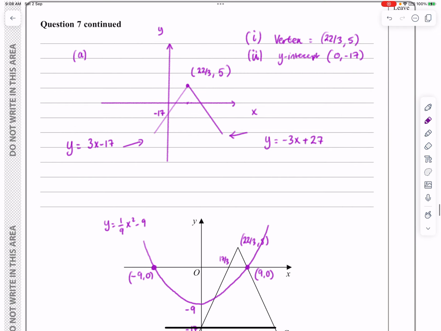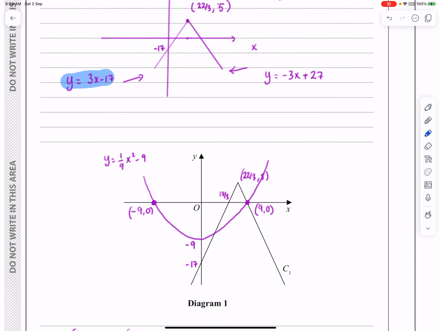This is why I did this bit up here. We know that the equation of that line is 3x minus 17. So if I'm trying to find that point there, it's where this line, which is 3x minus 17, meets the curve. So that's saved me quite a bit of time from the fact that I did that previously.